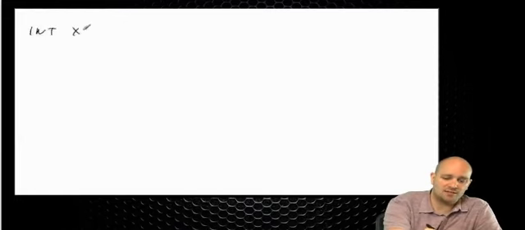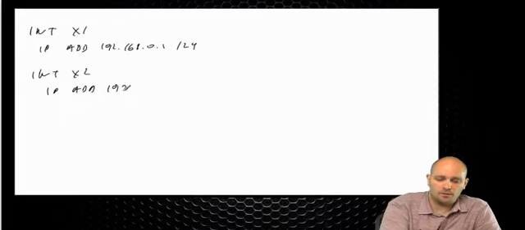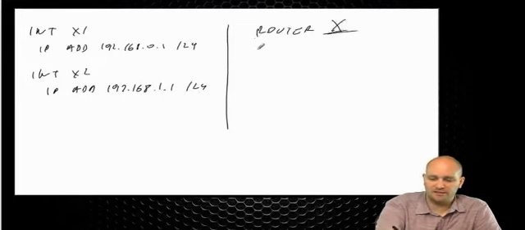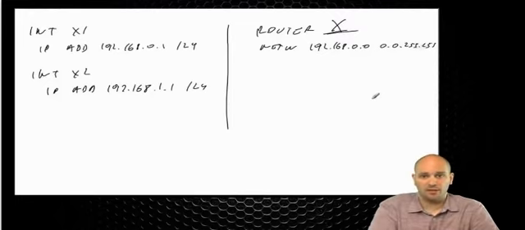Let's say that I had interface X1 that had IP address 192.168.0.1/24, and interface X2 I had IP address 192.168.1.1/24, and I configure router, let's say X, whatever the protocol is, and I say network 192.168.0.0. So which of these interfaces will be enabled for this protocol?